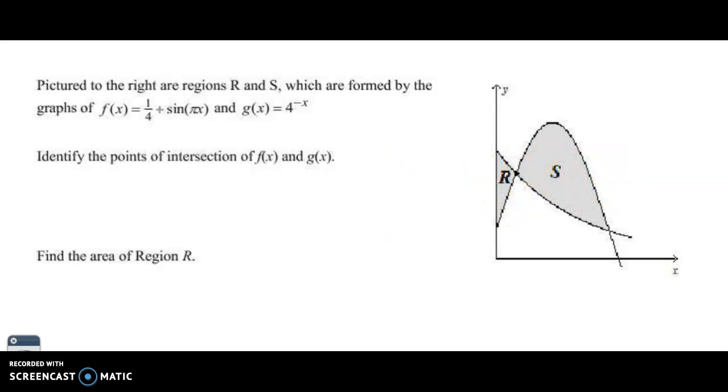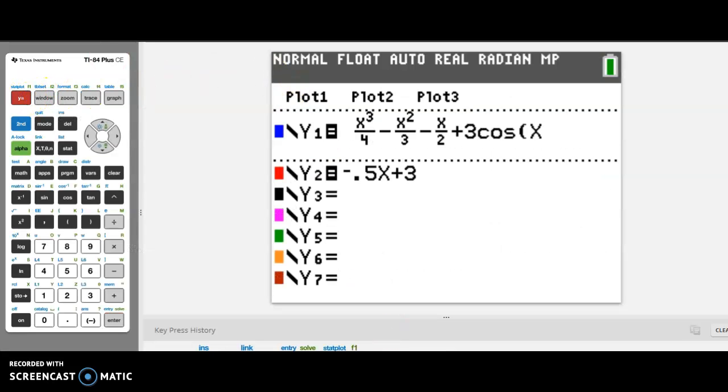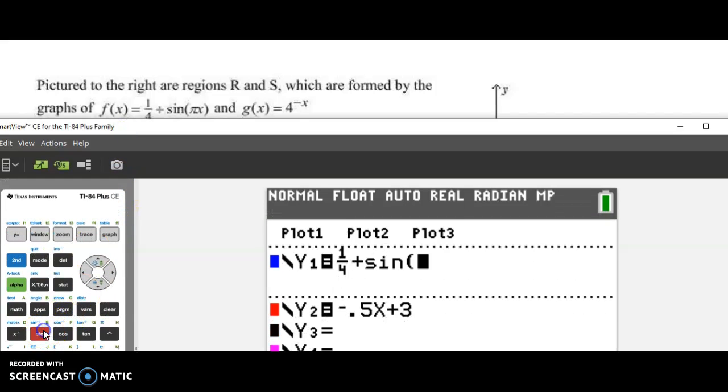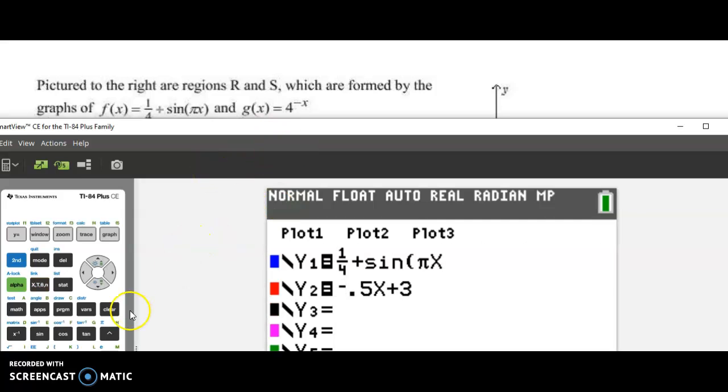Again, I would go to a calculator, and first thing is just type into my graph, my y equals the correct statements. So we're looking at 1/4 plus, and we're always in radians in calculus, so just double check that you're in radians. And then my second equation, clear that out.